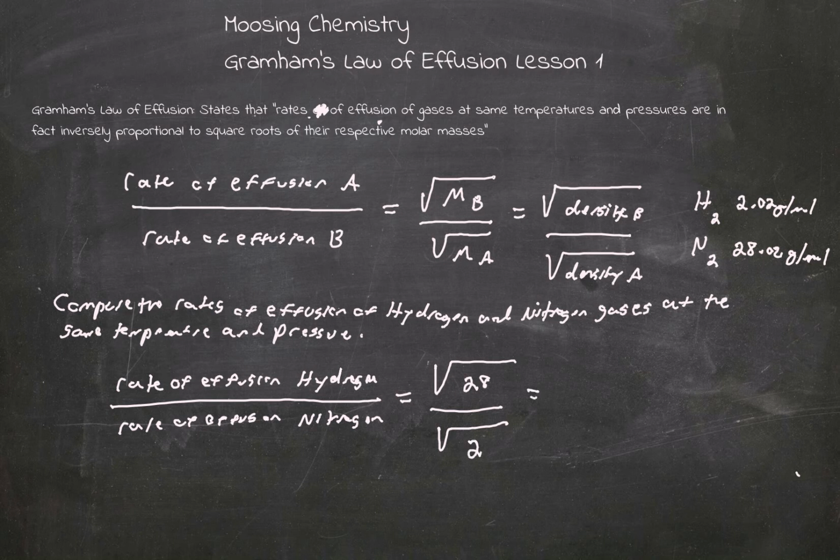So basically we're going to combine these under one gigantic radical, and we're going to have 28 divided by 2.